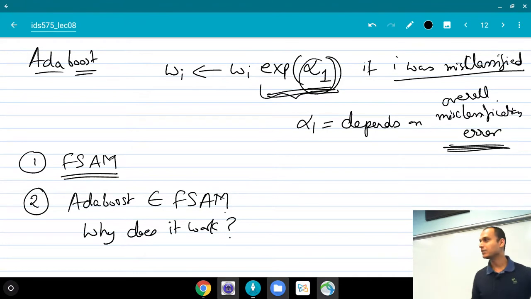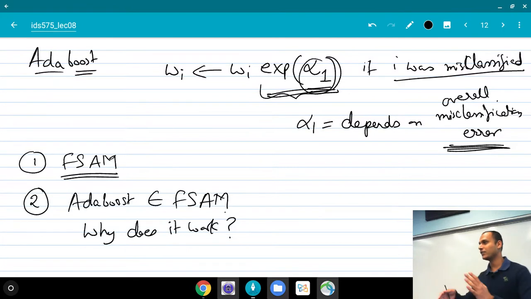In that example they were adding decision stumps, which are two leaf node trees: you take an input feature and break it into two regions, and that's it.